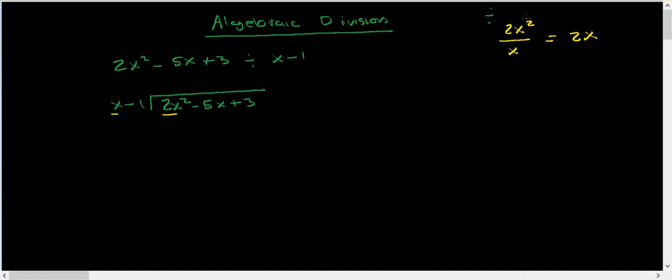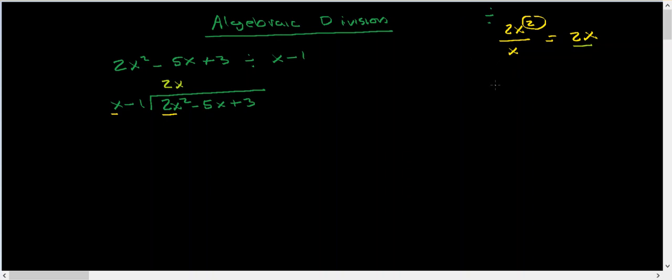So the power up here reduces by 1. Then you write your answer up here: 2x. That's the first phase.